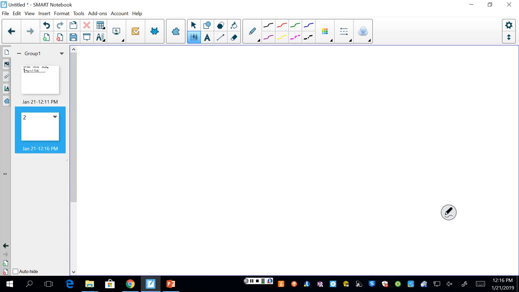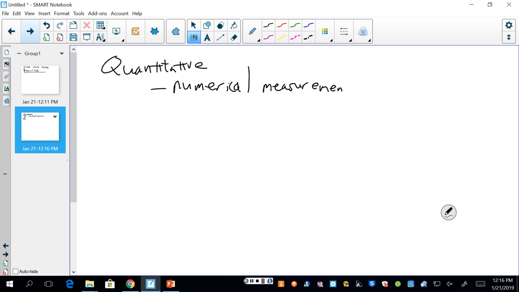But the data that we get are generally either going to be quantitative, and the quantitative variables are numerical, recordings of numerical measurements of one sort or another.